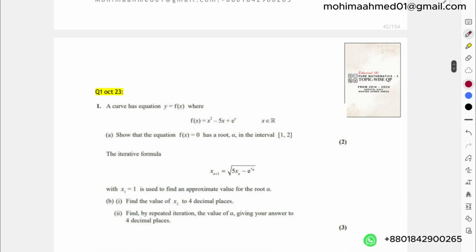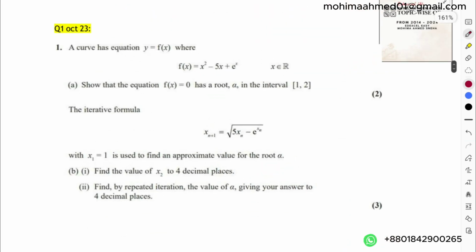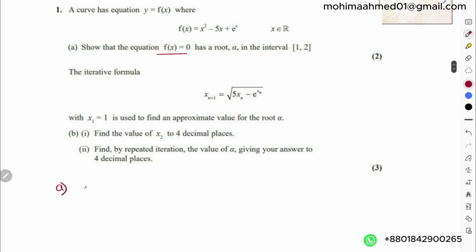If you quickly move on to your next question, this is from October 23, question 1. They're saying the same thing, right? f(x) equals 0 for the alpha. For this, I again have to calculate f1, which is going to be 1 squared minus 5 times 1 plus e to the power of 1. So 1 minus 5 plus exponential 1.